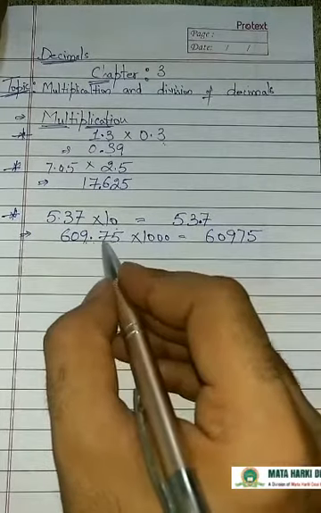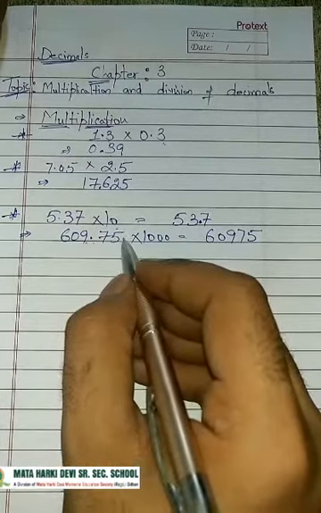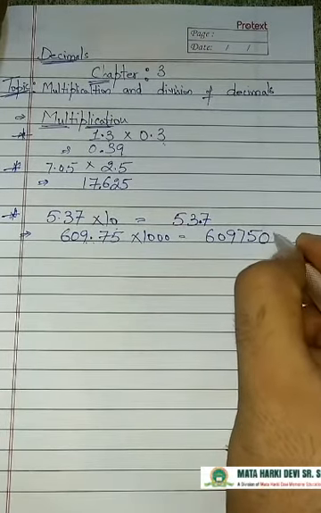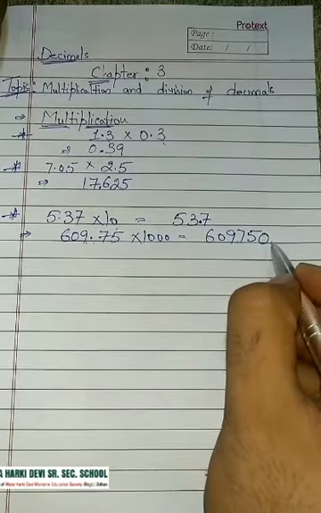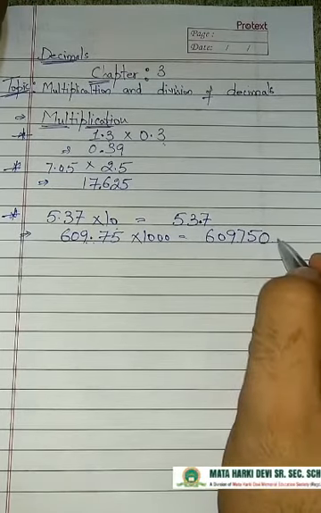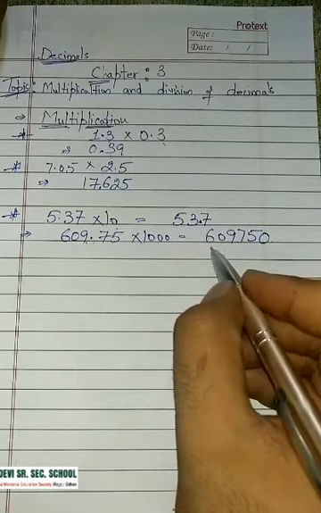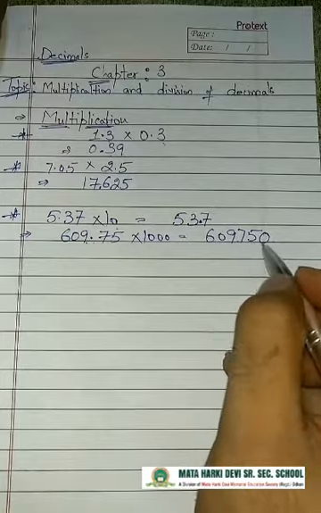But we have only two numbers, 7 and 5. How will you increase the numbers? You have to add a 0 at the end. So after adding a 0, you can take the decimal from here 3 steps to the right. You can place or not place the decimal here, because the decimal at the end of a number does not have any value. So the number is 609750. Okay, so the answer is this.